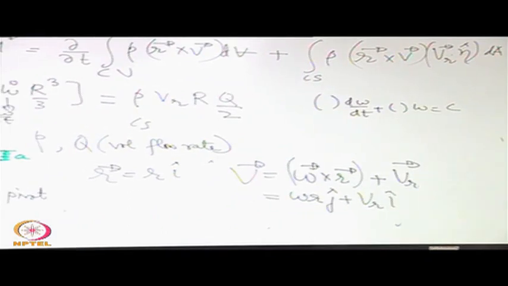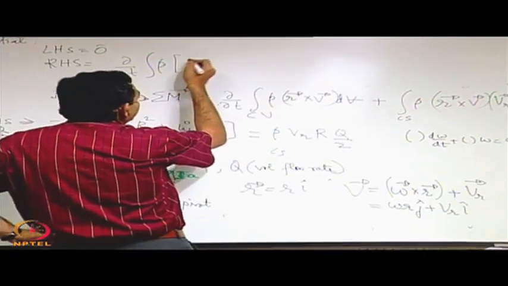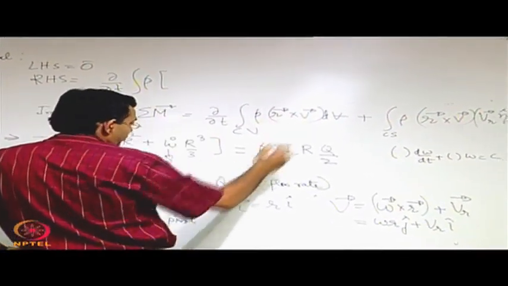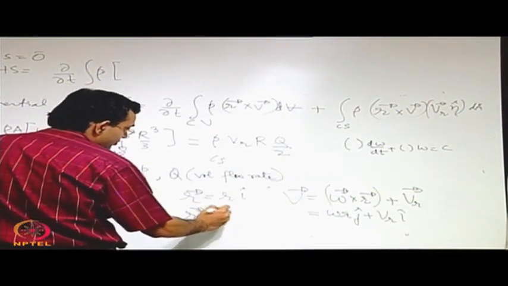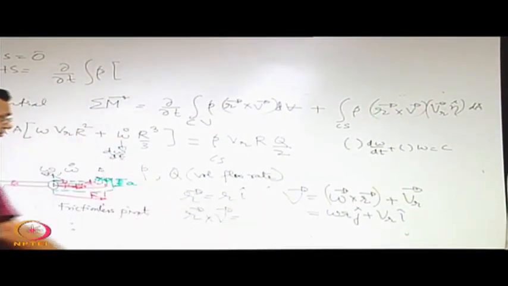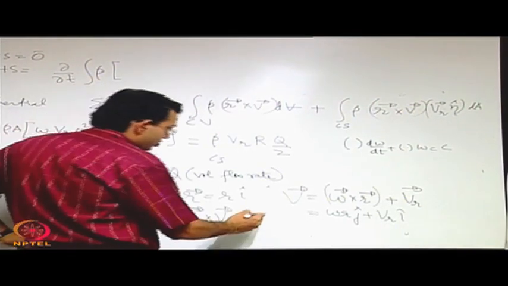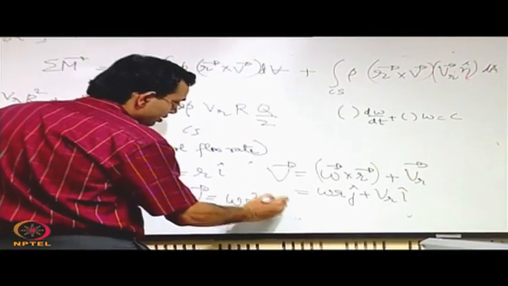So we substitute that, but before substituting maybe it is useful to find out what is r cross V. So that is omega r square k.